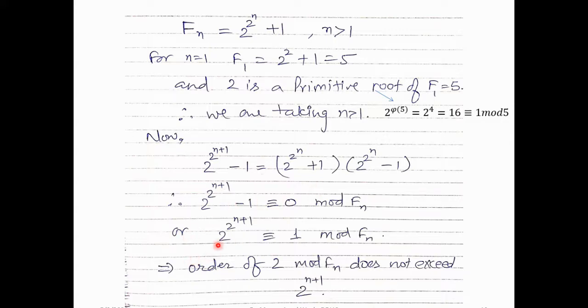So from here we get 2 to the power 2^(n+1) is congruent to 1 mod Fn, taking 1 to the right hand side. That means whatever is the order of 2 mod Fn, it cannot exceed 2 to the power n plus 1.